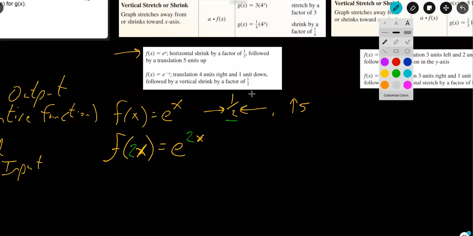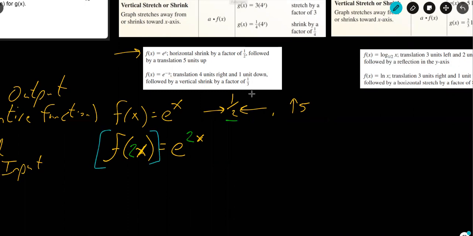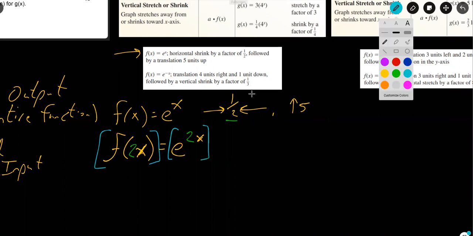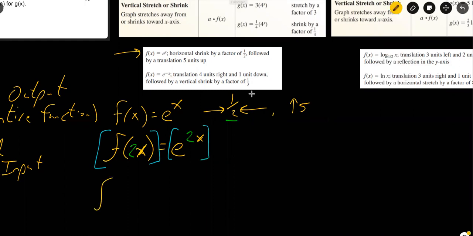So I'm going to take my function. At this point, what I'm considering my function to be is the current function, not the original function. So this is my function on both sides of the equation. I'm going to add 5 to that current function. So the blue step is step 2.